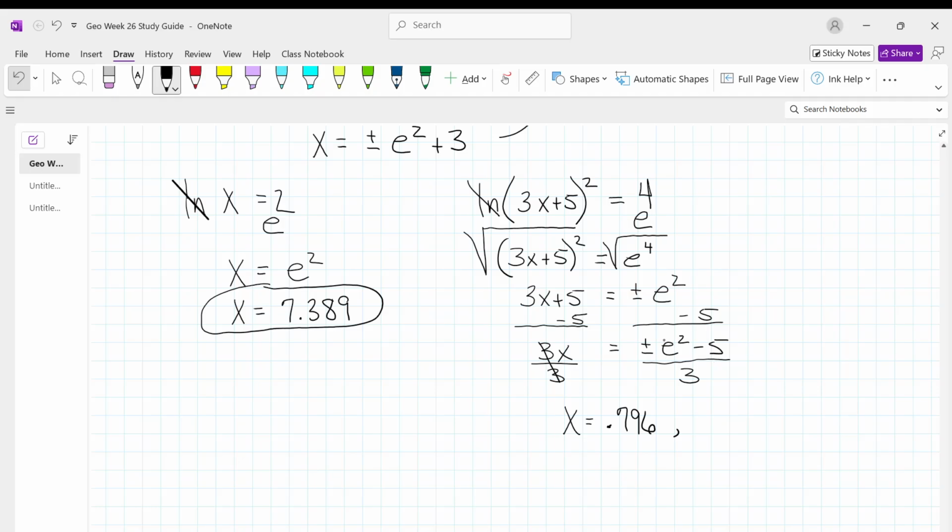And then we're going to take the opposite of e squared, minus 5, divided by 3. Negative 4.13. So those are your two solutions.